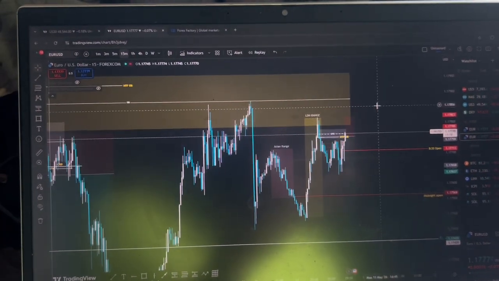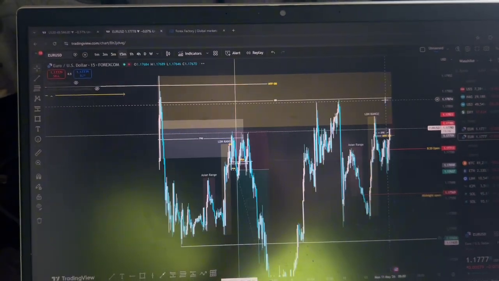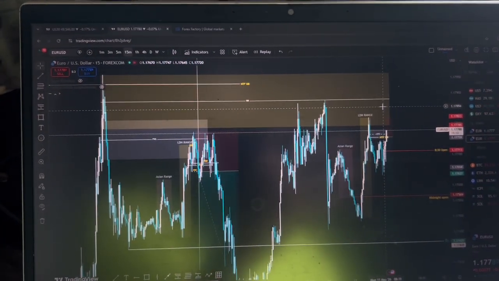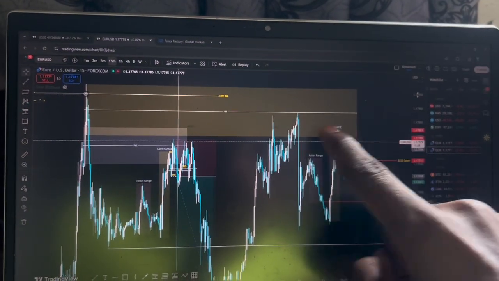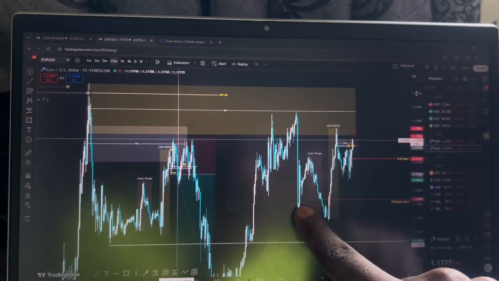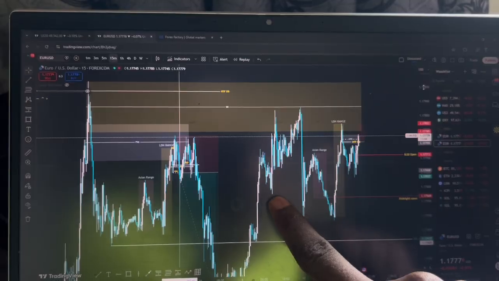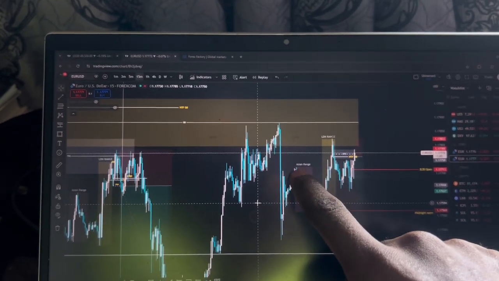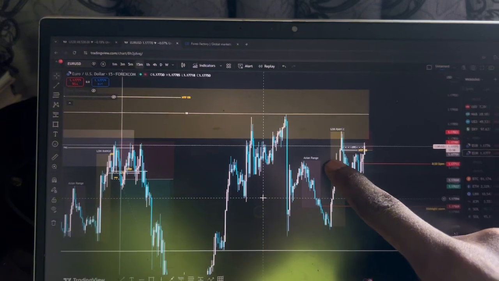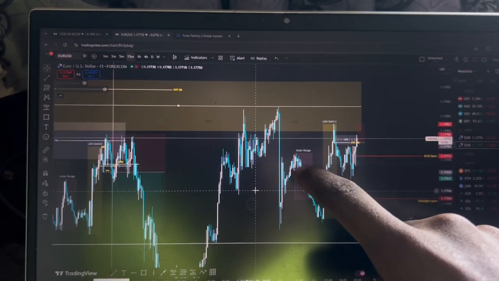Just to say, my bias is bearish, as I want to see price sell very well. So we see this big order block here. Price already reacted from it here. This is considered the break of structure to me. Now all we need to see is price retest or coming back to this, my inducement Asian range.